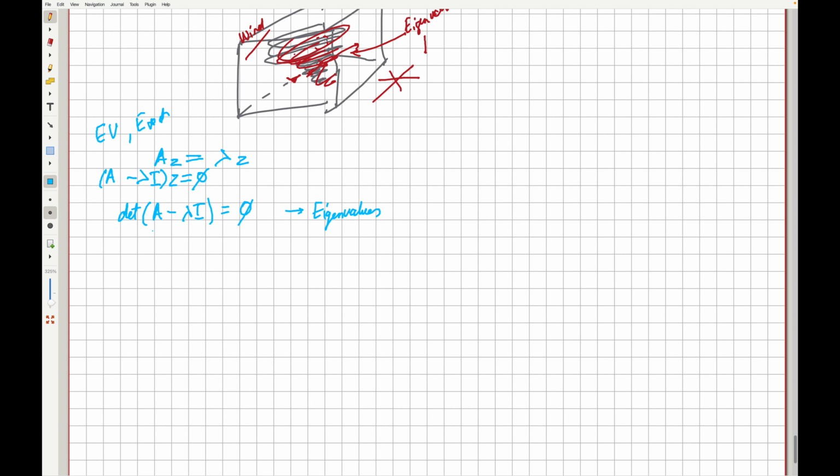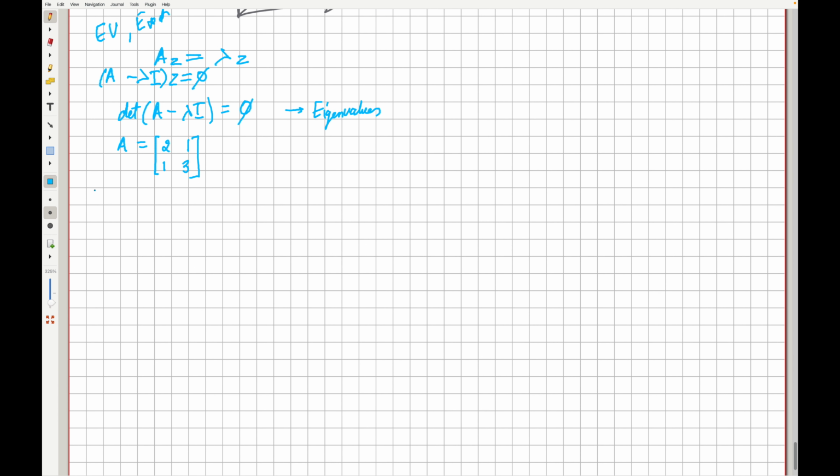So let's imagine the matrix that we talked about earlier, A is equal to [[2, 1], [1, 3]], and we can compute the values for A minus lambda I as follows. This would be [[2, 1], [1, 3]] minus lambda times I, which is [[1, 0], [0, 1]].